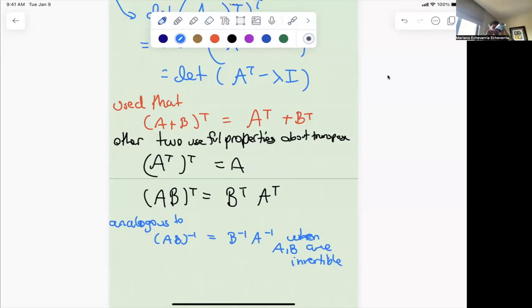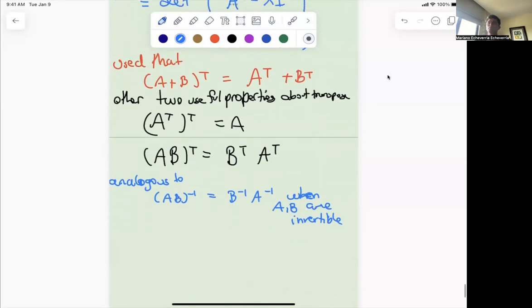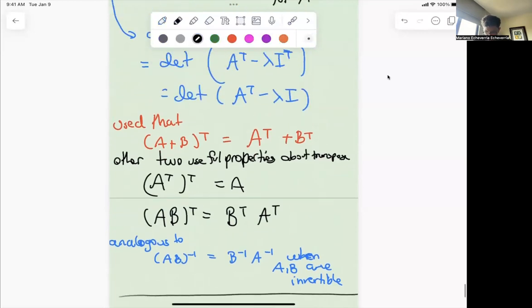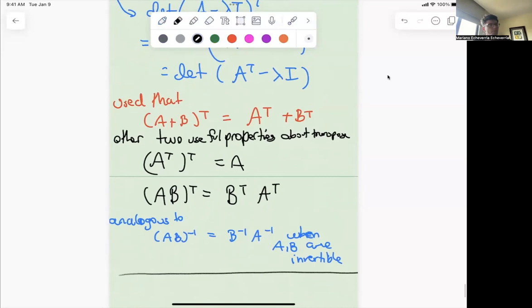And I have a question about the formula A equals Q times D times Q to the negative 1 power. Q to the negative 1 power, is it always symmetric with the Q?